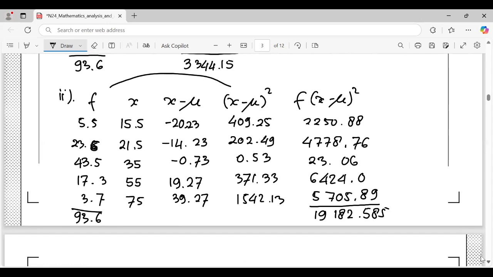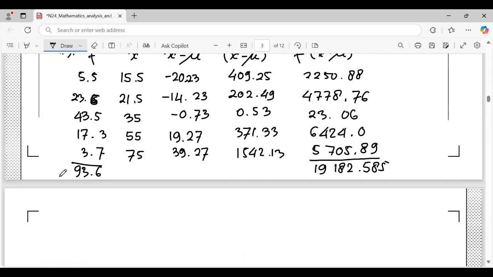The variance equals this number divided by this number: 19,182.585 over 93.6.